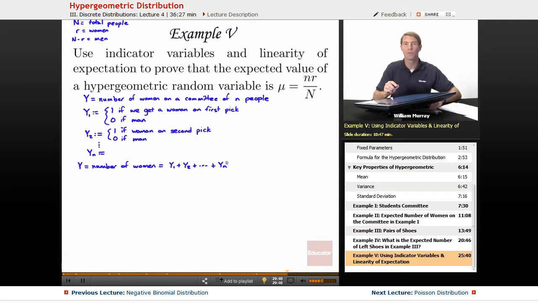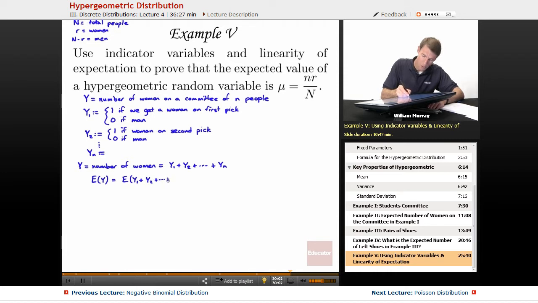So the total number of women, we can count just by counting all the ones we got from those indicator variables. It breaks down into a sum of these indicator variables. So to find the expected value of Y, the expected number of women, it's the same as the expected value of Y1 plus Y2 up to Yn.